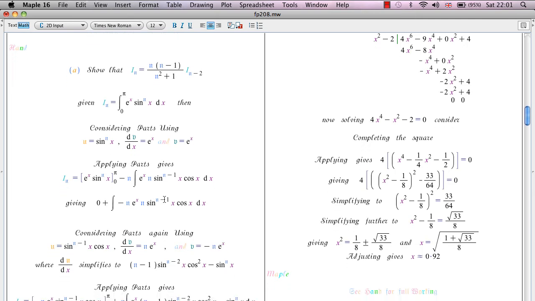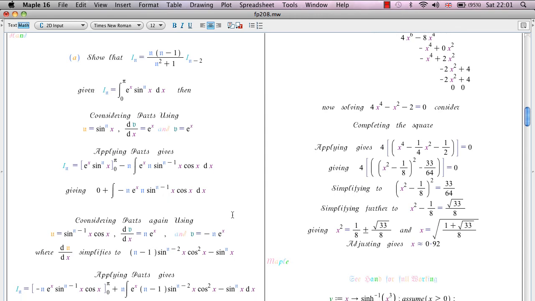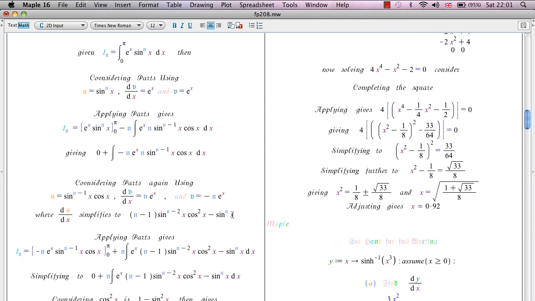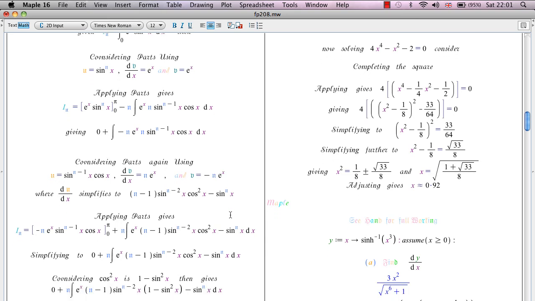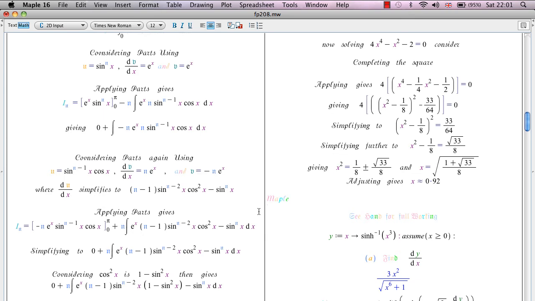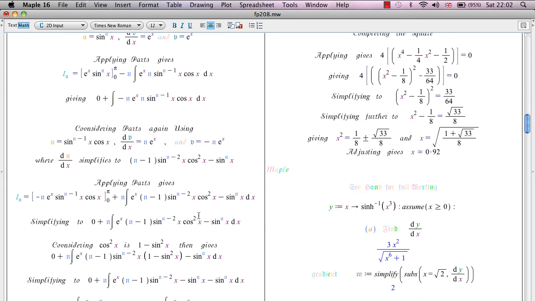Applying the parts, the left hand side evaluates to 0. And then considering parts again with u equals sin^(n-1) x cos x, and du/dx is this expression. Applying parts again, the left hand side evaluates to 0.